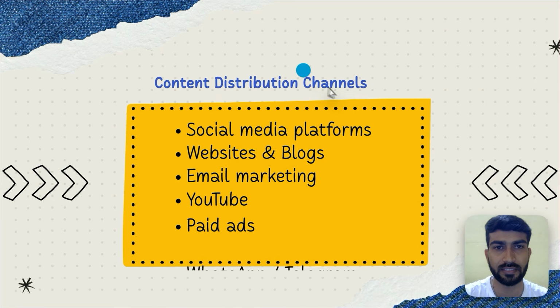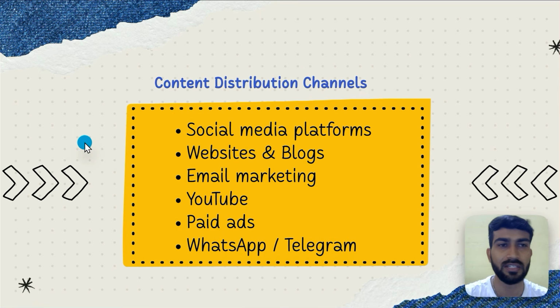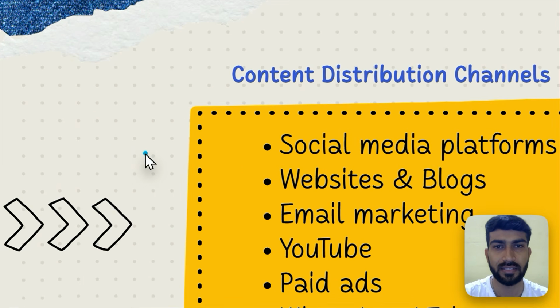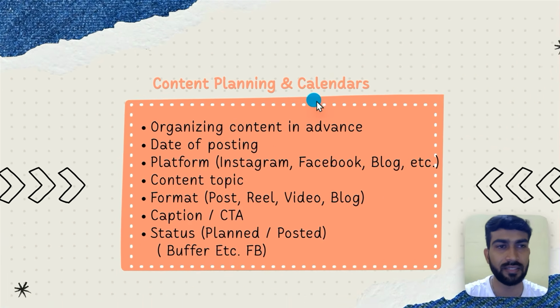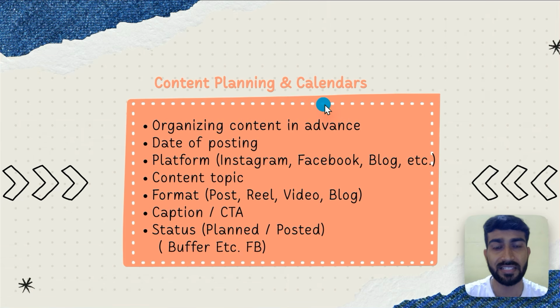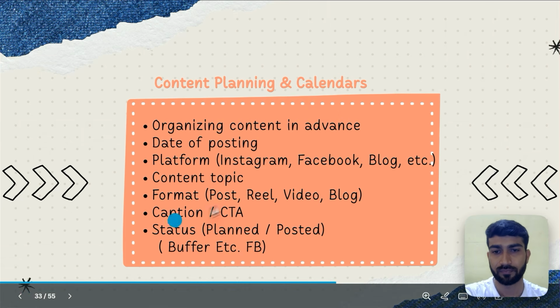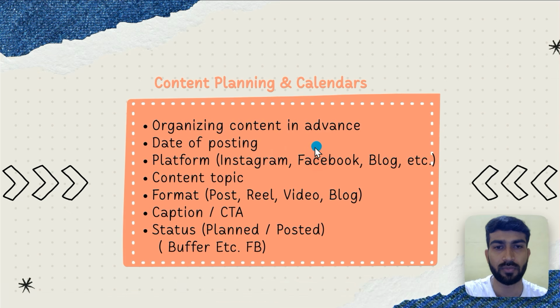Then content distribution channels, where we just select the channels where we need to promote our product or services. Here we can use one thing. You can use Gemini, ChatGPT, or you can use Buffer, even Facebook as well. Facebook has an inbuilt planning option. Okay, so if you are promoting on Instagram, Facebook, you can use the Facebook planner in Meta Business Suite.